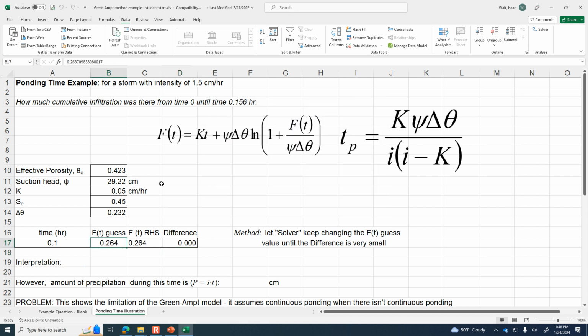Okay, so the two aren't equal. If we have a storm intensity of 1.5 centimeters per hour, then the time to ponding, T sub P, is the K value 0.05 centimeters, the suction head 29.22 centimeters, the delta theta is 0.232.